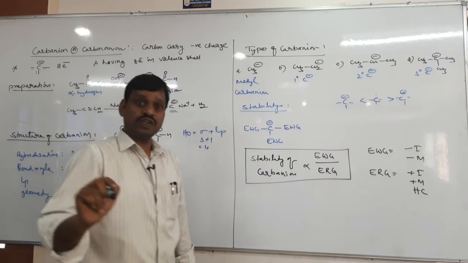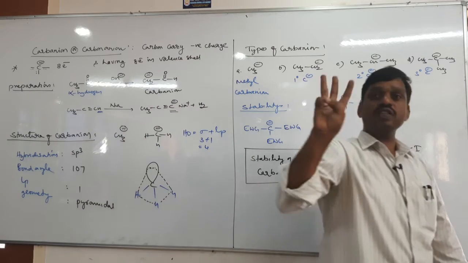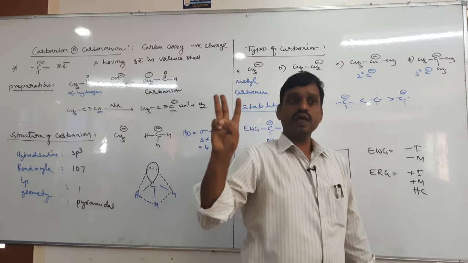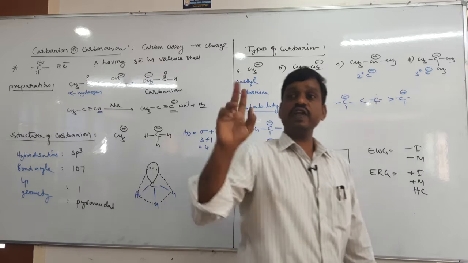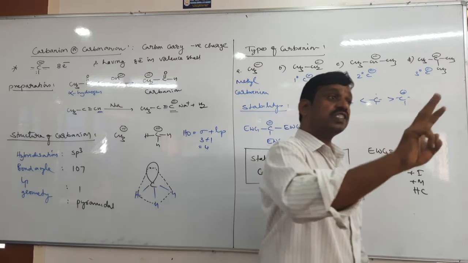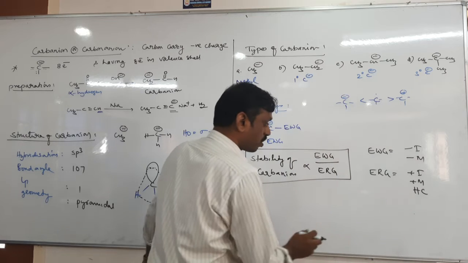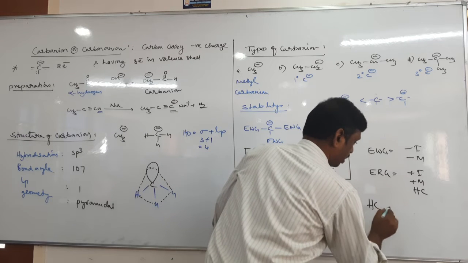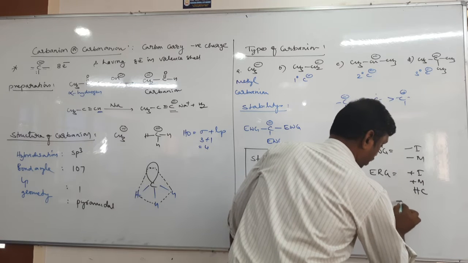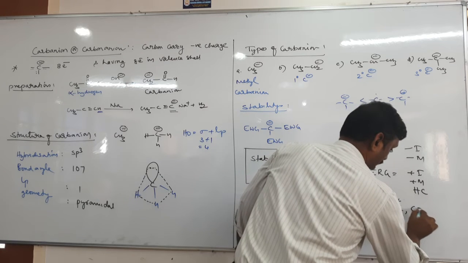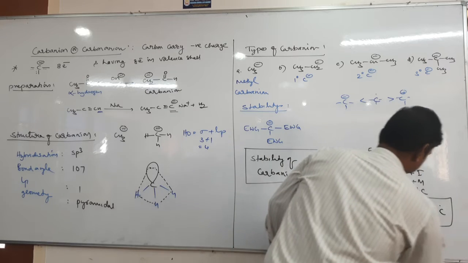But here is the condition: hyperconjugation is possible only in three species, carbocation, alkene and free radical, because all three have sp2 hybridization, sp2 carbon.